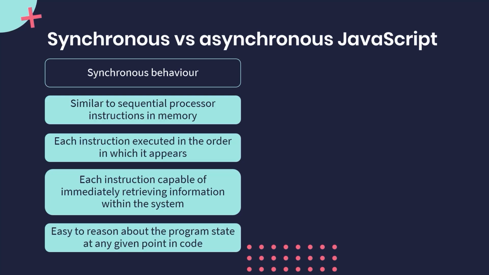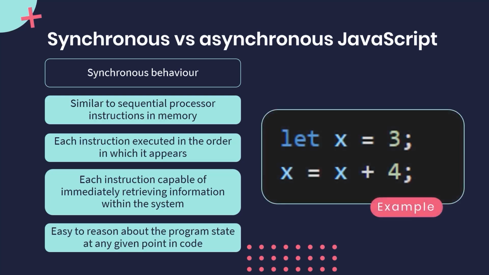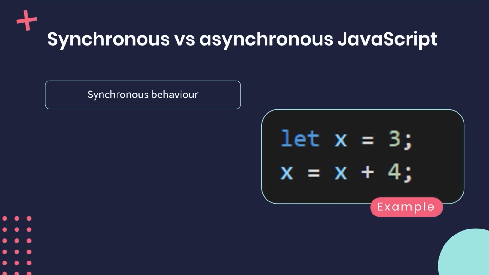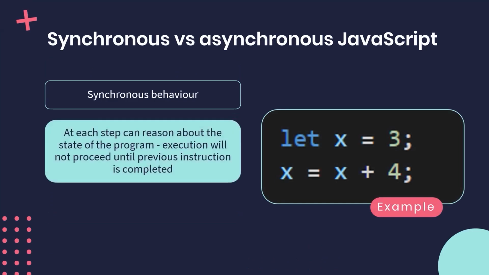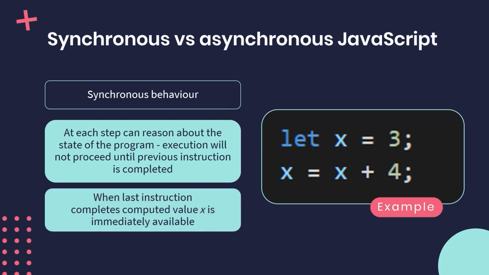A trivial example of this would be performing a simple arithmetic operation, like this. At each step in this program, it's possible to reason about the state of the program, because execution will not proceed until the previous instruction is completed. When the last instruction completes, the computed value of x is immediately available for use.